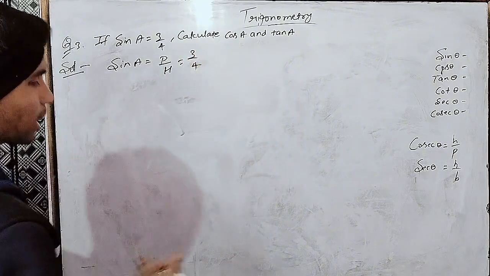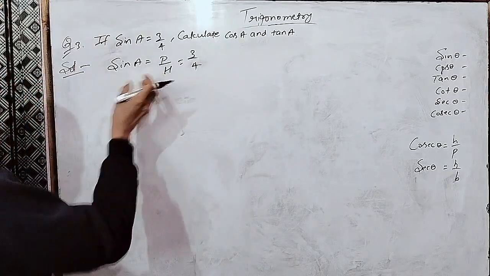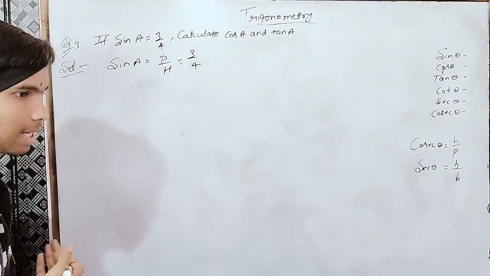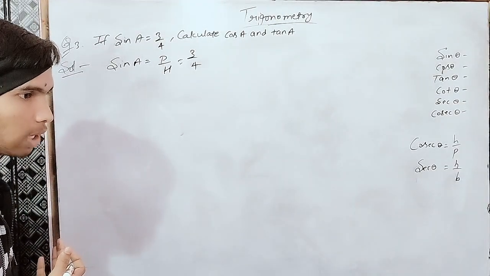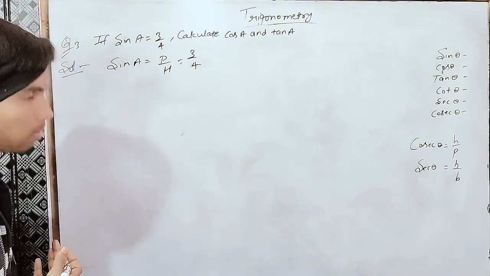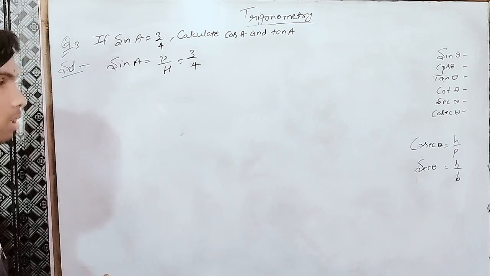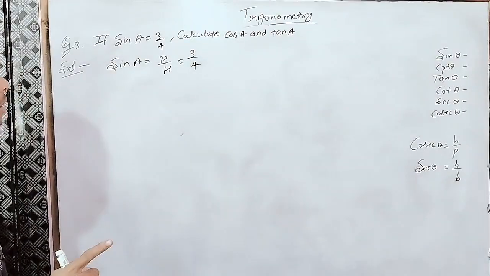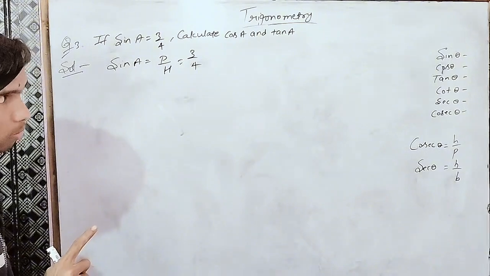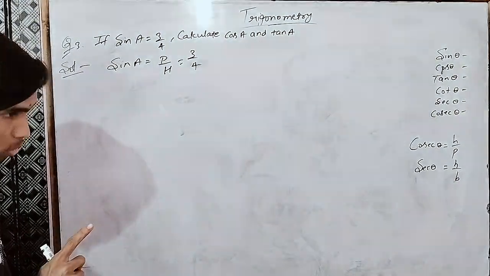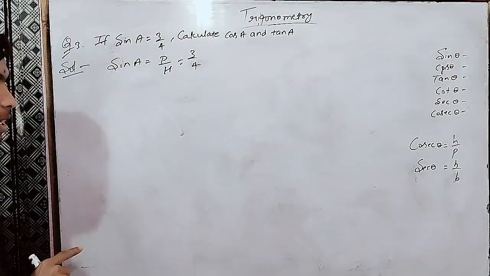It is telling us that the value of P is 3 centimeter, and the value of H is how much? 4 centimeter. But you don't have a value of base. Of course, by applying the Pythagoras theorem, you have to find out the value of base.